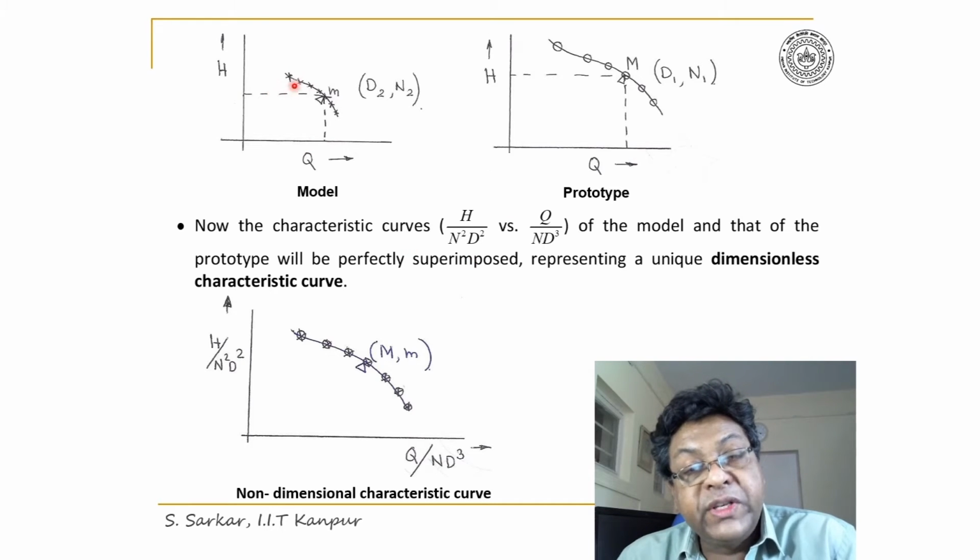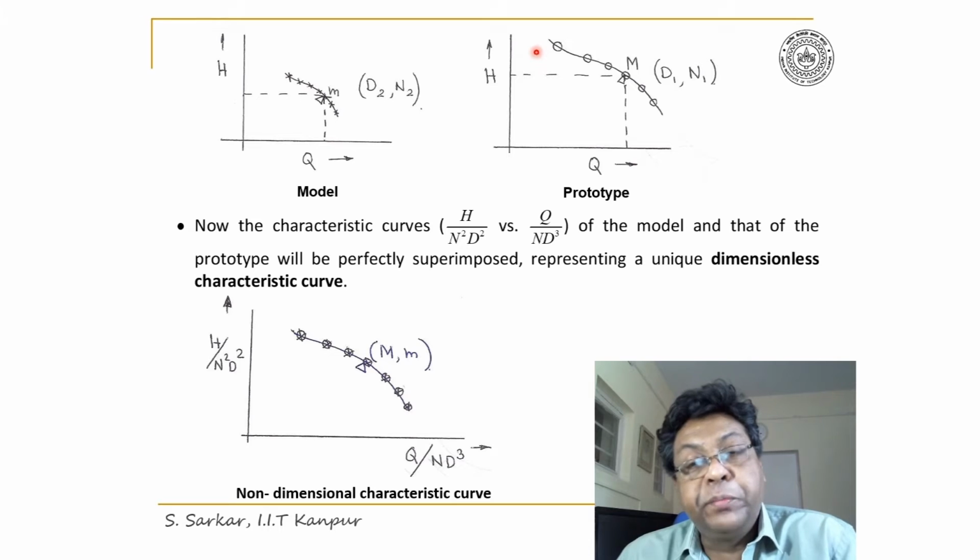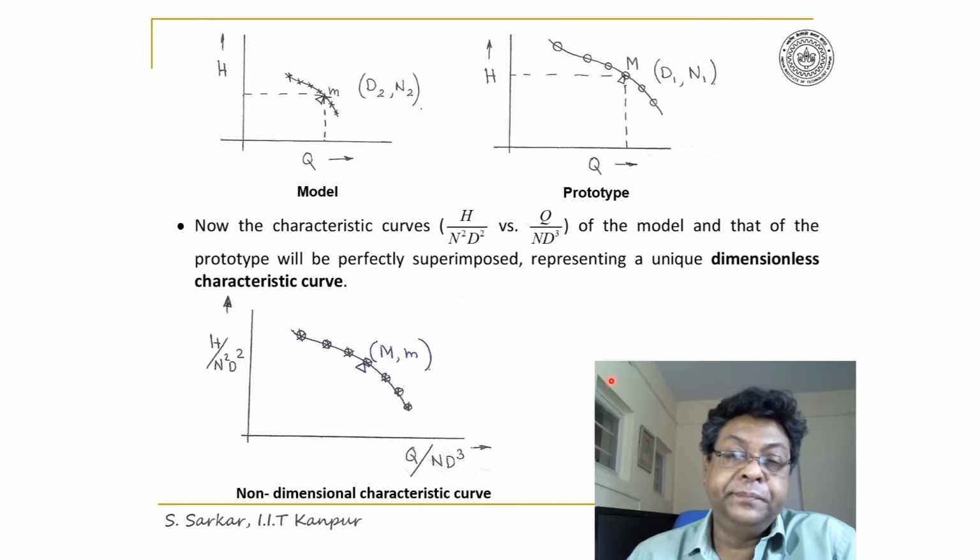Look, star is the data point for the model and the corresponding data point for the prototype is circle.